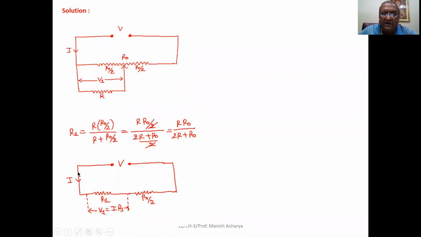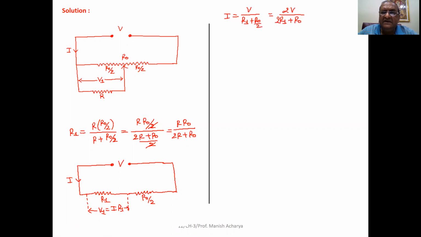Now, if the current in this circuit is I, then the potential difference between the two terminals of this resistance R1 is V1 equal to I R1, and this V1 itself is the potential difference across R also, and that we want to find. So first of all we have to find the current in the circuit.